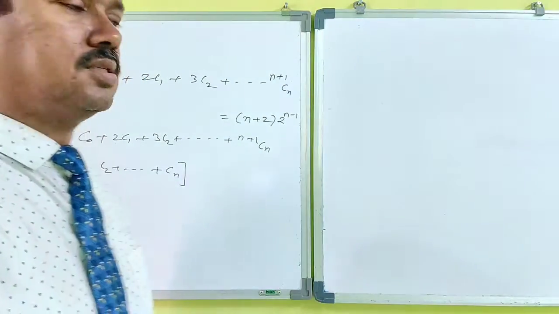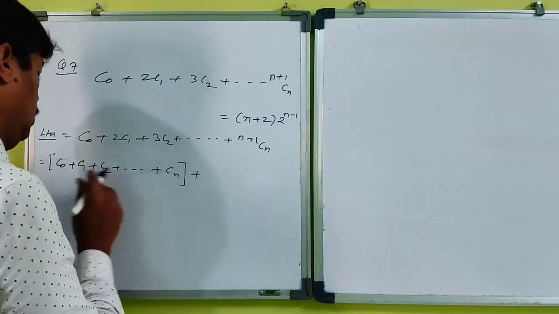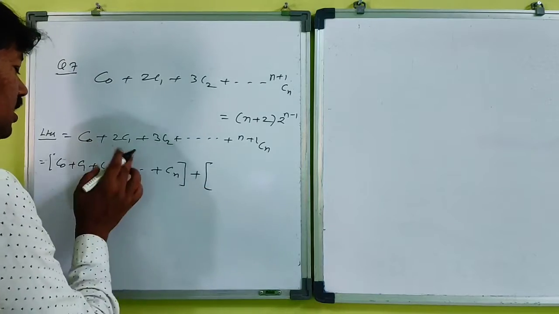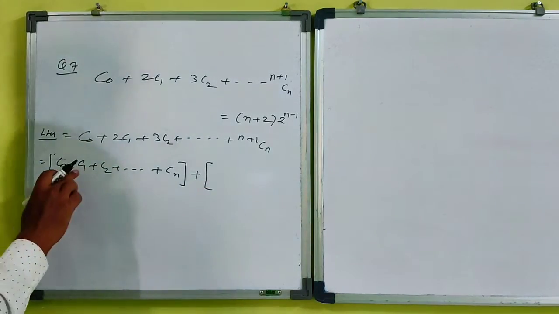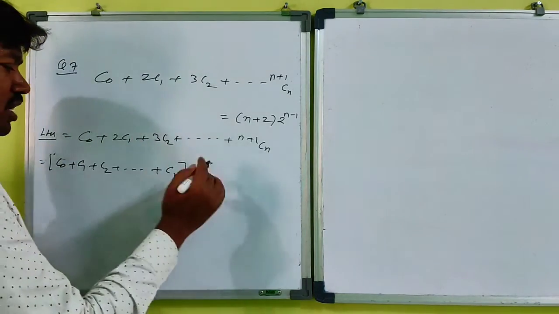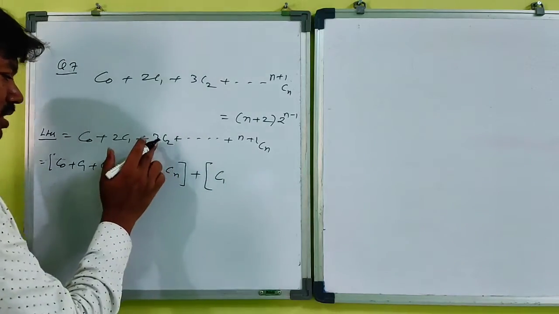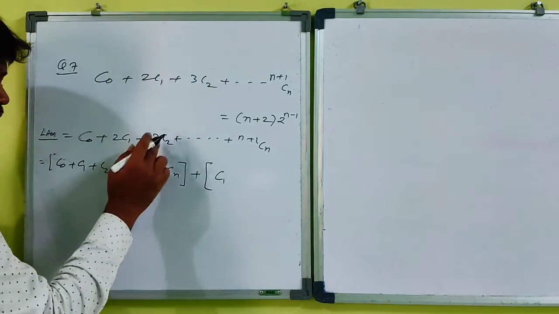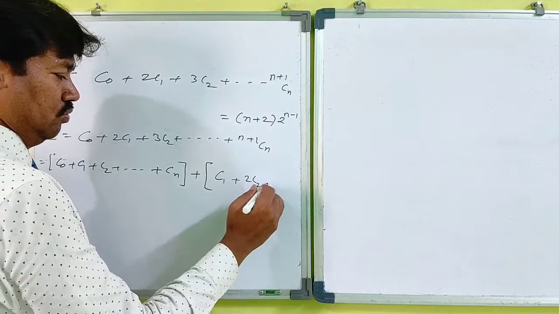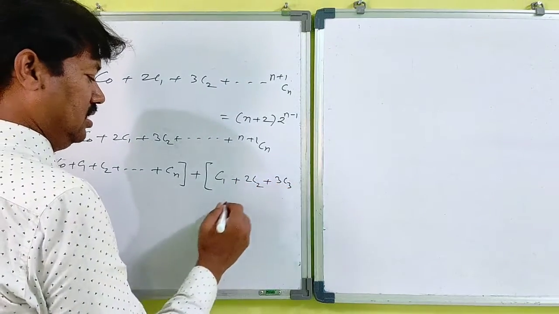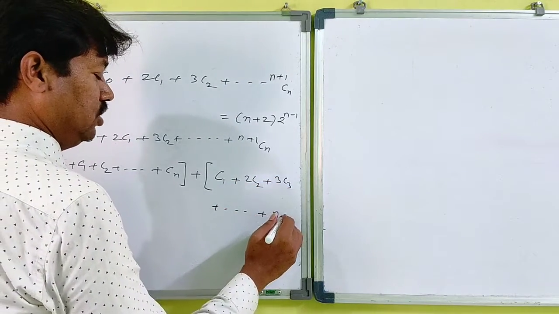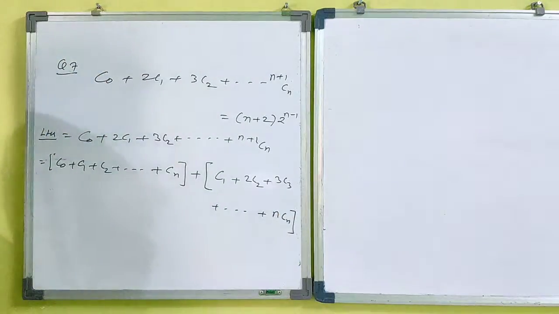And in another bracket, C0 is already taken there, so there is no need to write it again. But one C1 is taken, so 2C1 leaves C1. Similarly, one C2 is gone, so 2 remains, so it is 2C2. Like that 3C3, and at last n Cn remains, like this.